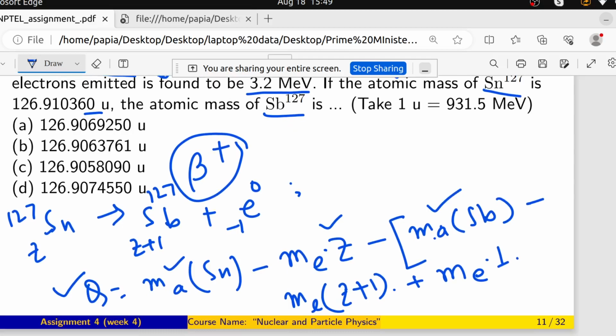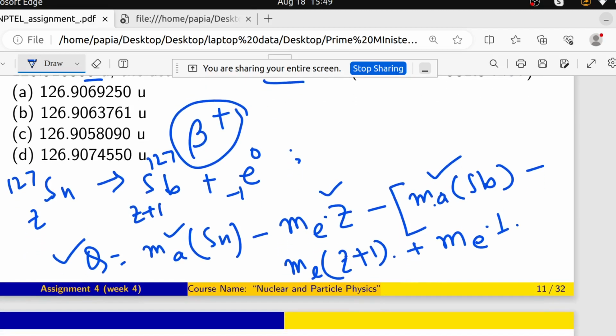Me into Z minus Ma of Sb, plus, because minus is there, that means plus Z plus 1 into Me. Now it is minus again. Fine. Now if I calculate this a little bit, you can see that Z Me, minus Z Me, and then Z Me plus Me minus Me.